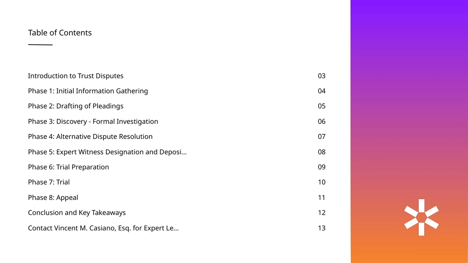Then Phase 6 is trial preparation, where we get everything ready for the courtroom, and Phase 7 is the trial itself, the actual courtroom showdown. Following that, Phase 8 involves the appeal process, if necessary, to challenge or defend the trial outcome. Finally, we wrap up with the conclusion and key takeaways, highlighting the most important points to remember.